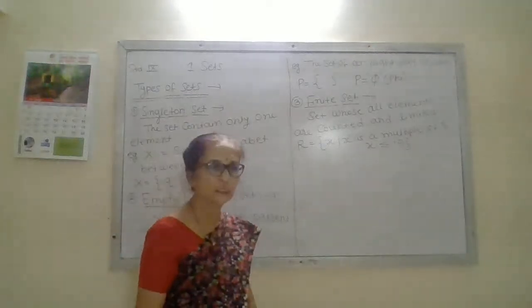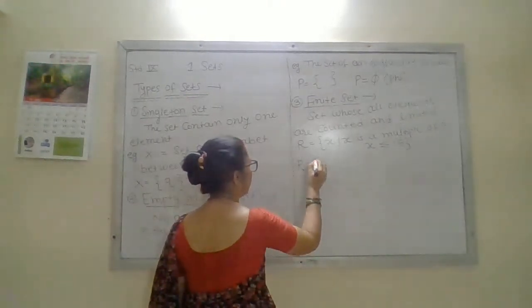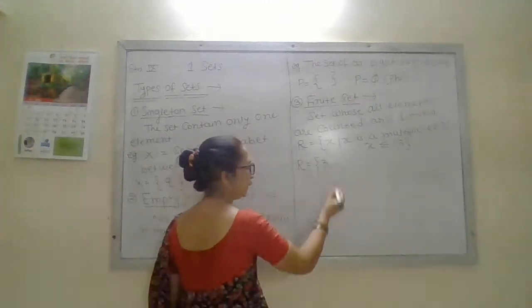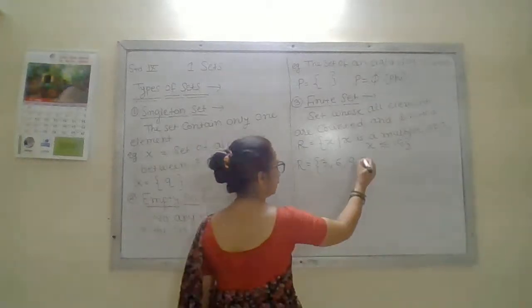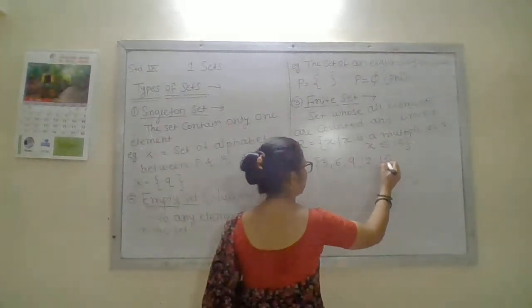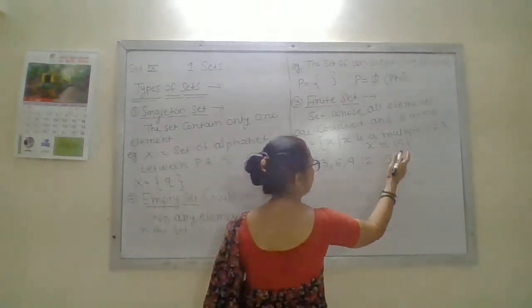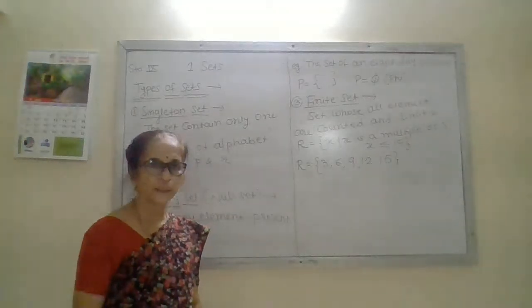What is the meaning of multiple? Table. Can you tell me the table of 3? 3 ones are 3, 3 twos are 6, 3 threes are 9, 3 fours are 12 and 3 fives are 15. Less than or equal to 15, therefore more than that we are not writing.